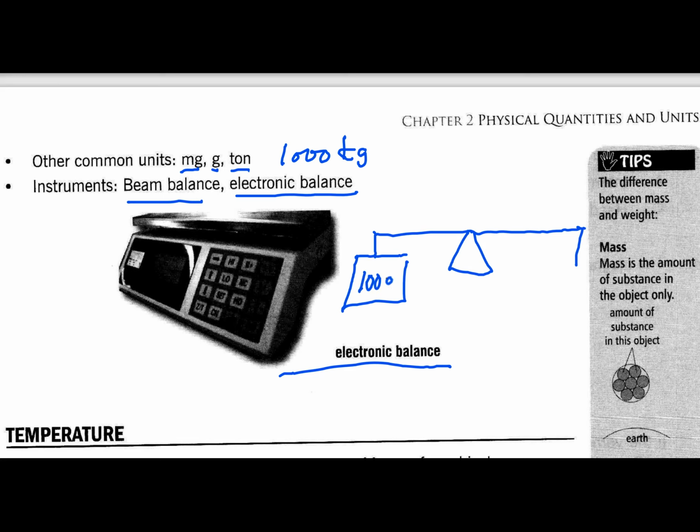So if a 100-gram mass balances a scale that contains a piece of fish, then that fish is also 100 grams. Even if you were to take the scale to the moon, where the gravitational pull is weaker, the beam balance will still balance. The 100 gram will still balance another 100 gram.